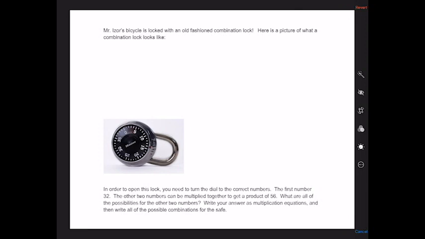The first number is 32. The other numbers can be multiplied together to get a product of 56. What are all of the possibilities for the other two numbers? Write your answer as multiplication equations and then write all of the possible combinations for the safe.